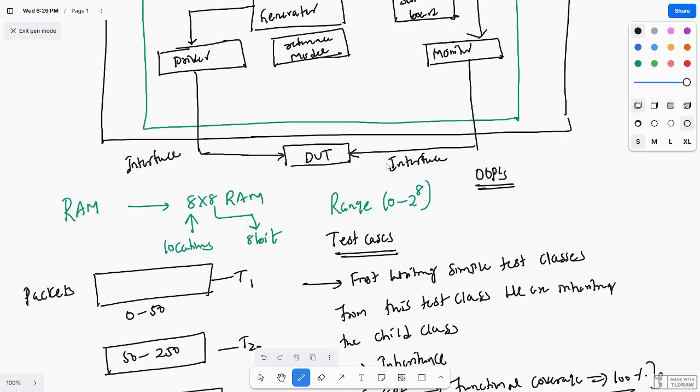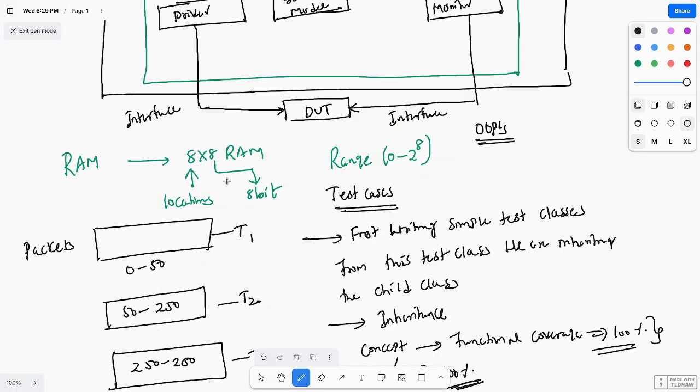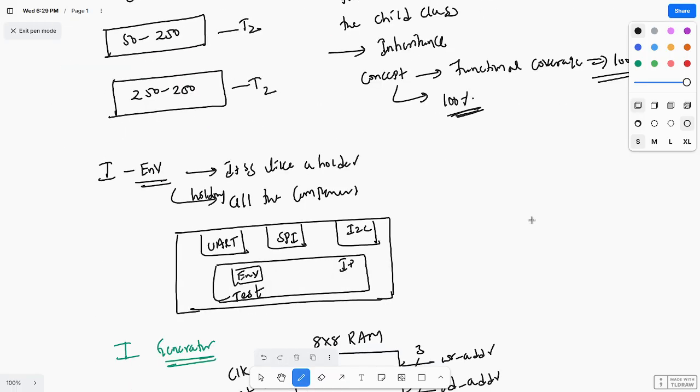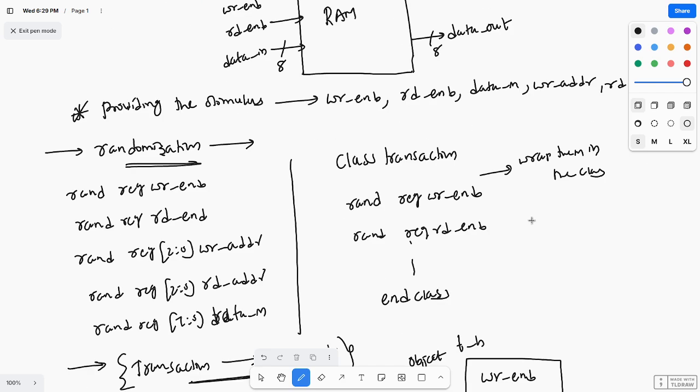I am explaining the test bench operation with the help of an example, an 8 cross 8 RAM. We see how the environment and generator work, and we are using the concept called randomization, randomly generating these values. After that I'm using the concept called OOP and creating the object.